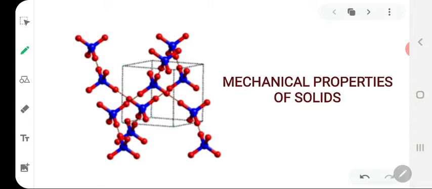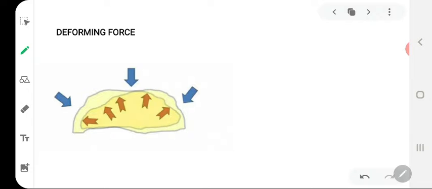Now, in order to change or deform the shape and size of a body, a force is required. This force is called a deforming force. Now, how to define it?